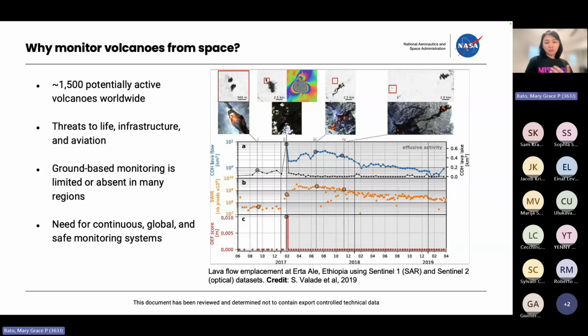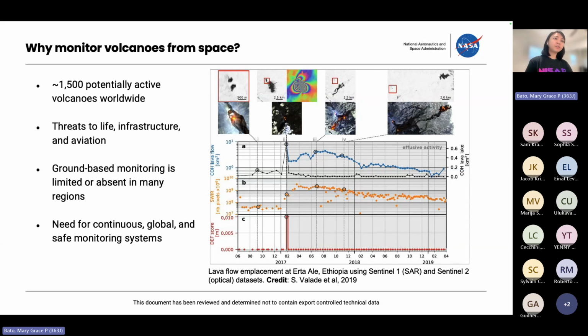This is where satellite observations provide us a unique advantage to monitor volcanic systems consistently and safely without going there frequently. So it's an essential component of our modern volcano monitoring practices.